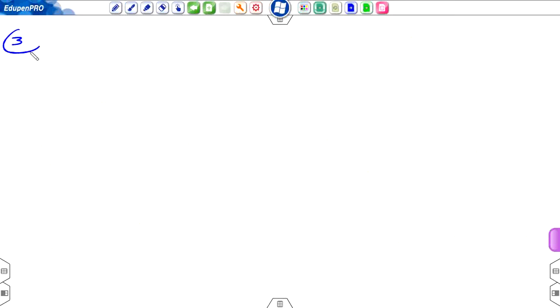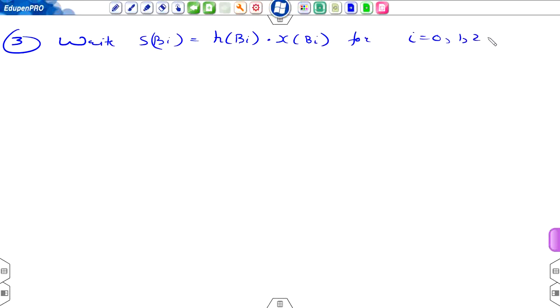In the third step you have to write s of beta i is equal to h of beta i into x of beta i for i equal to 0, 1, 2 and 3.